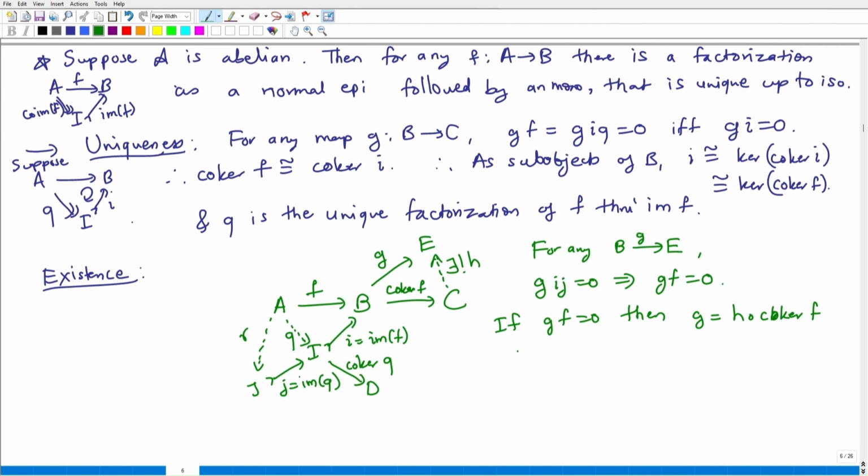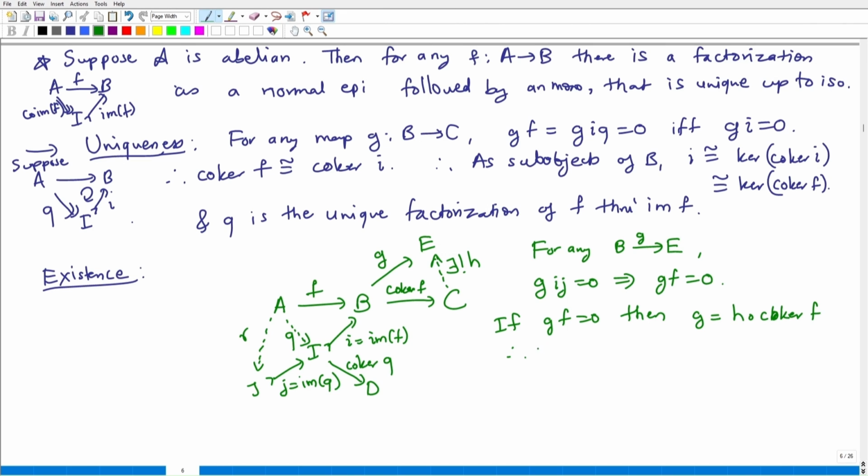Co-kernel F is not the co-kernel of IJ, but co-kernel F is the same as the co-kernel of I, because that's the image.